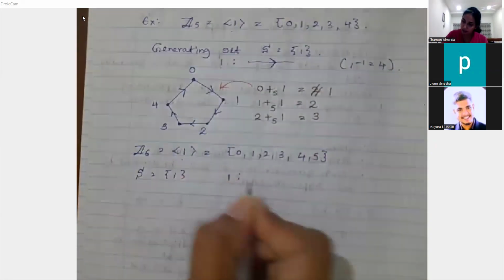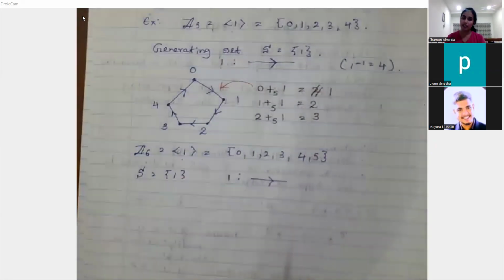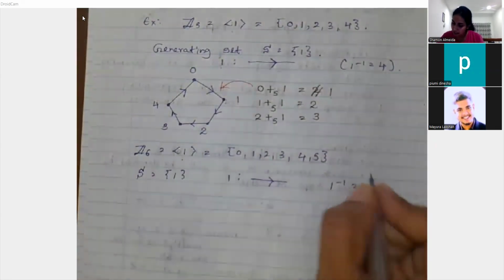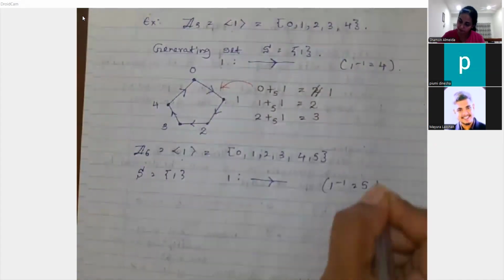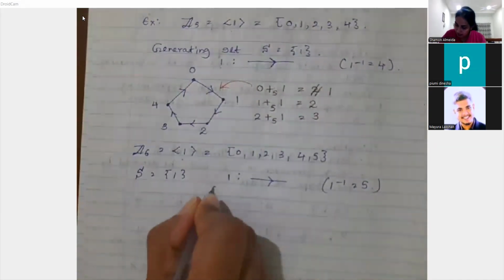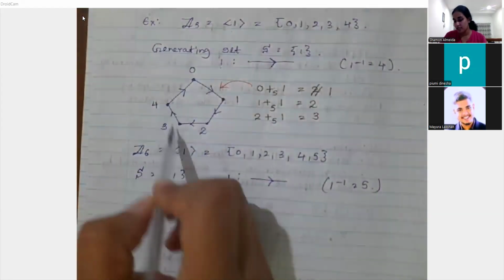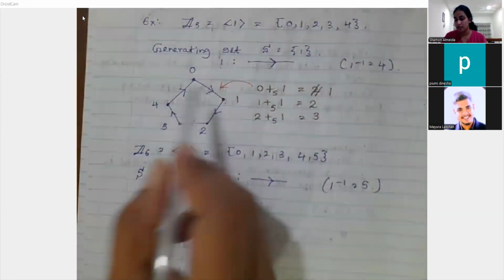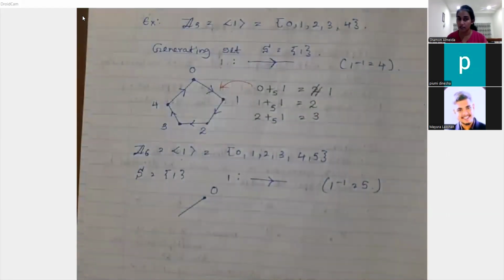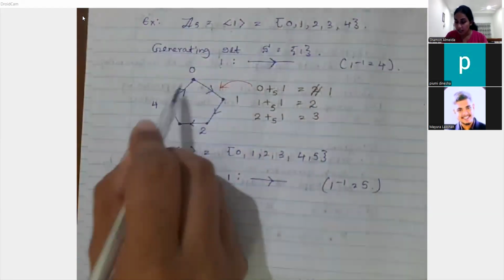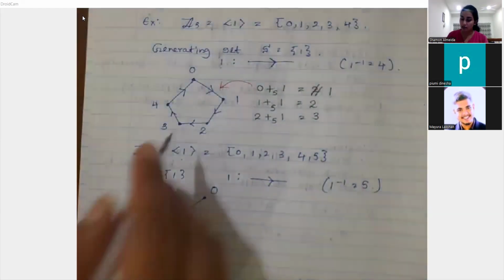Therefore, for 1, I will consider this solid directed edge, because the inverse of 1 for this particular group is 5. Right? Start at 0. If I go in this direction, it doesn't have to be a polygon, right? You can take any representation. However, these arrowheads, the relation must retain. It doesn't have to be a polygon.